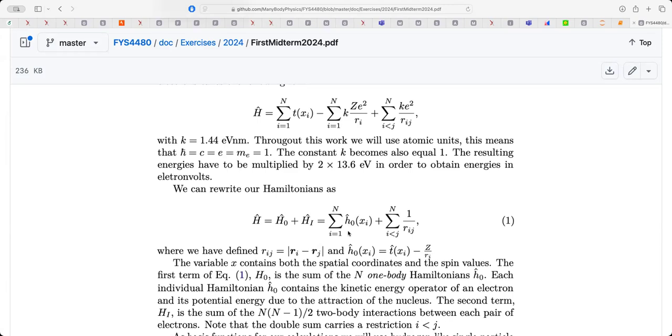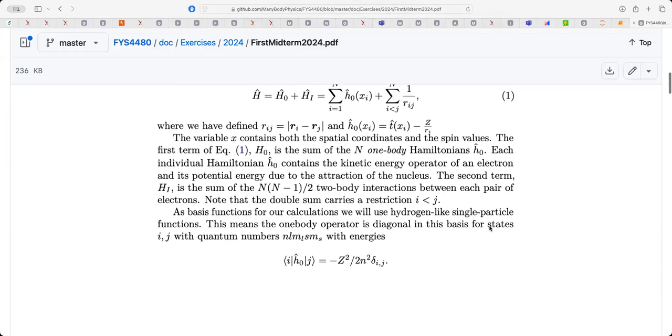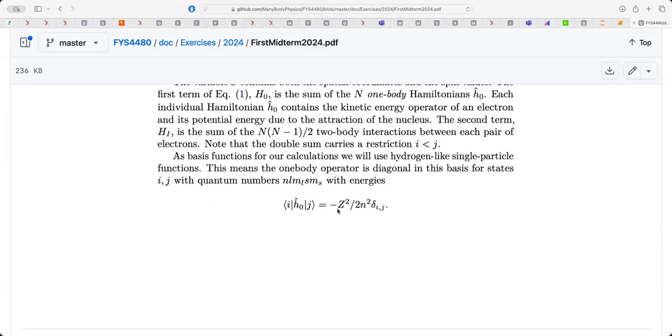So this term here has kinetic energy and the attractive potential from the atomic nucleus, as you would see in descriptions of hydrogen, helium, neon, all the well-known atoms. And then we have a two-electron interaction, which is a Coulomb interaction. So this term has an analytical answer back from atomic physics. That means you don't need to calculate an integral here because you simply have it directly. You would just plug that in.